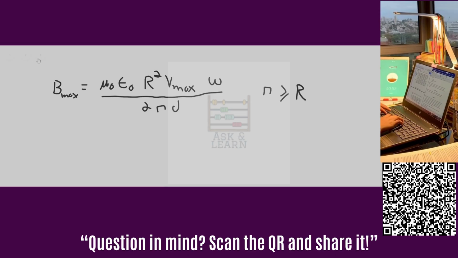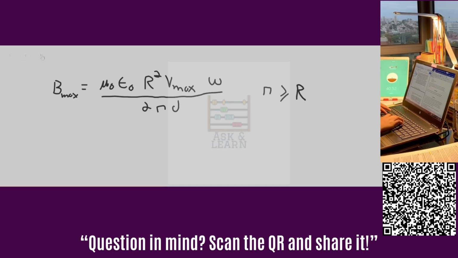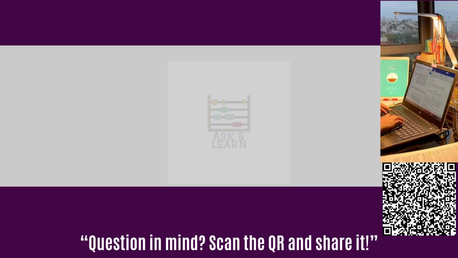And then if we try to plot this, so this is for outside, this is for inside, and then we have the plot is something like growing linearly until we reach the distance R, and then it goes like 1 over r.